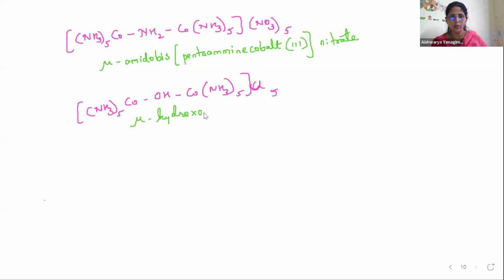Two are attached, therefore again I'll use the term bis, then in brackets, pentaammine. So, cobalt is there. The oxidation state is 3 again. And outside is chloride. Correct? So, this is how we do the naming if it is a bridging compound.